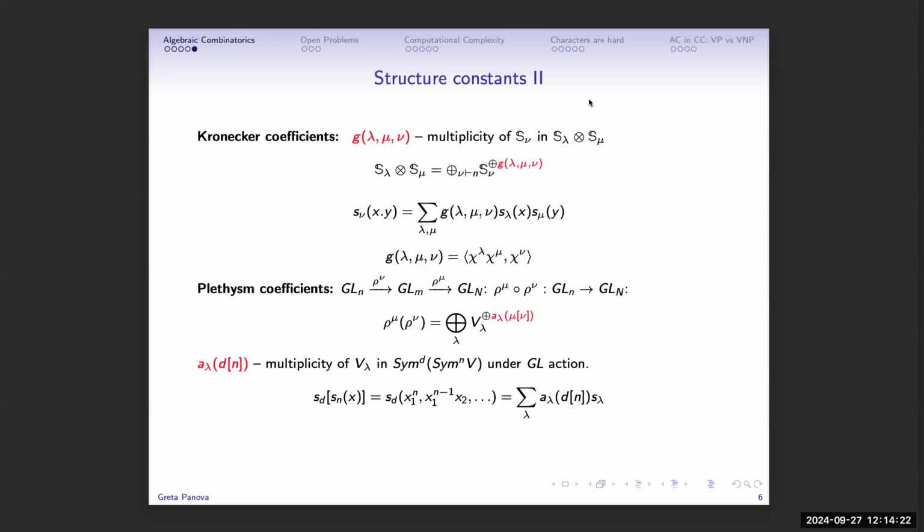We can also study those with Schur functions. For example, you basically take one Schur function and you plug in all the monomials of the other Schur function as variables. That's what the plethysm does. Expand it, and you're going to get some coefficients. And again, work with this just using the polynomials.